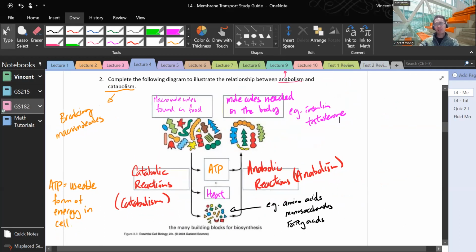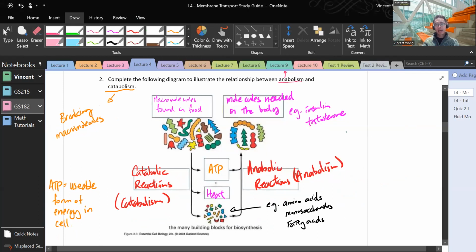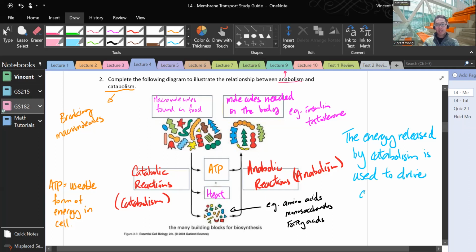So there is the relationship between catabolism and anabolism. In essence, what you should know is that the energy released by catabolism is used to drive anabolism.